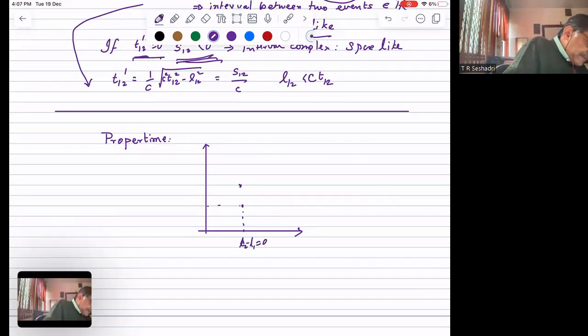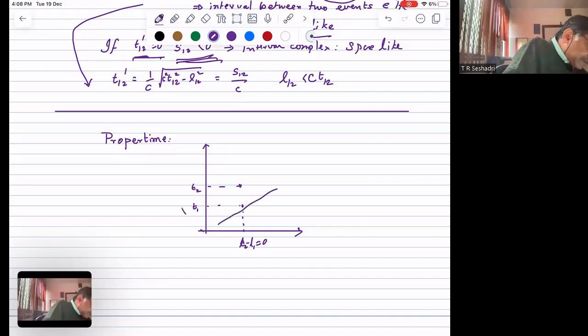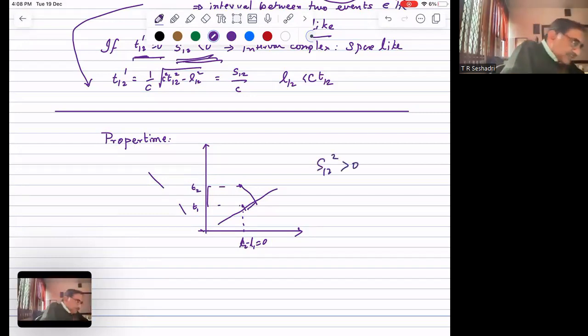But they happen at two different epochs. Now, what I can do is go to another frame where they are happening at different positions at different times, but S12² will be greater than 0, because here it was greater than 0 and S12 is invariant.